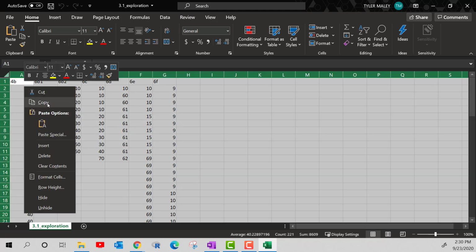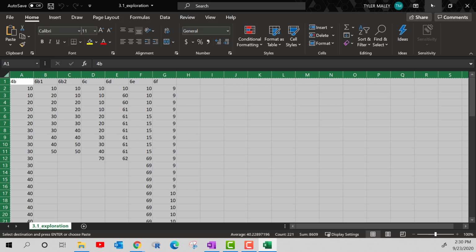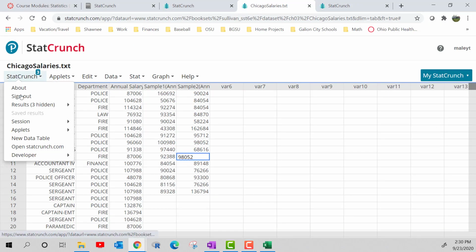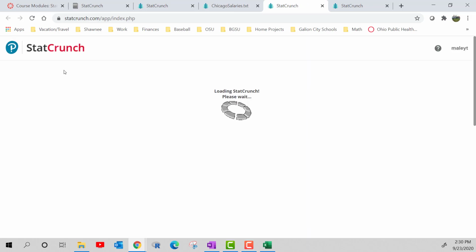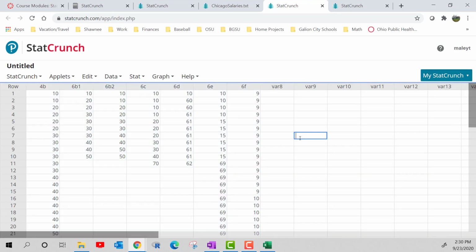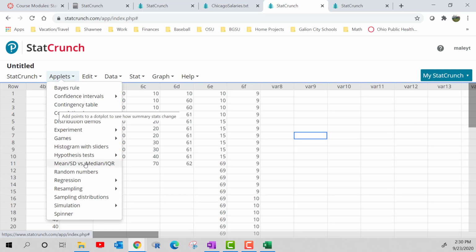So I'm going to copy this, and then I'm just going to open up a new data table in StatCrunch, and I will paste this here, right? So then we still want to use that applet, the applet mean standard deviation versus median IQR.